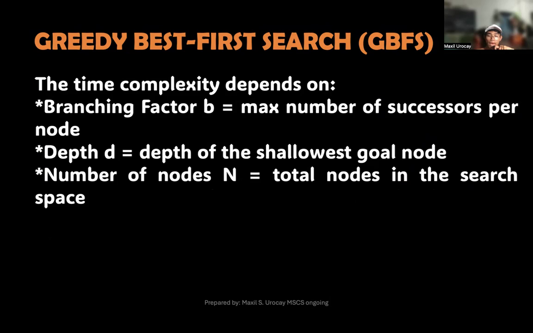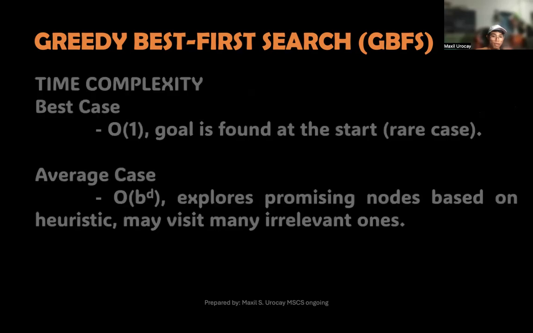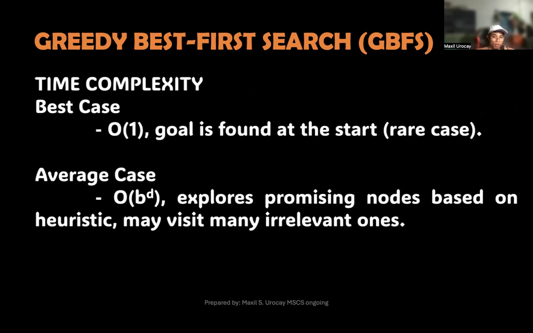The best case is constant time, meaning the goal is found at the start node. That is a rare situation, because, for example, in your graph or tree, it is the first item or the initial state.